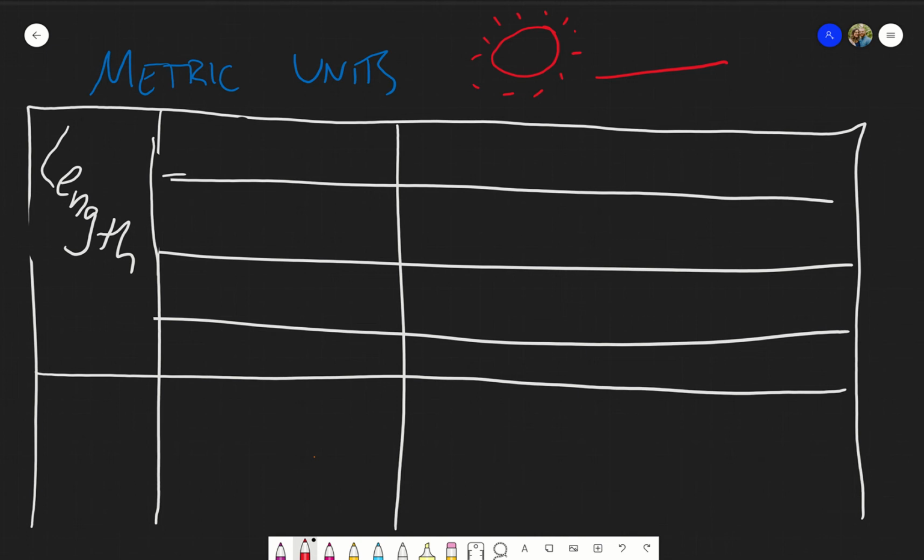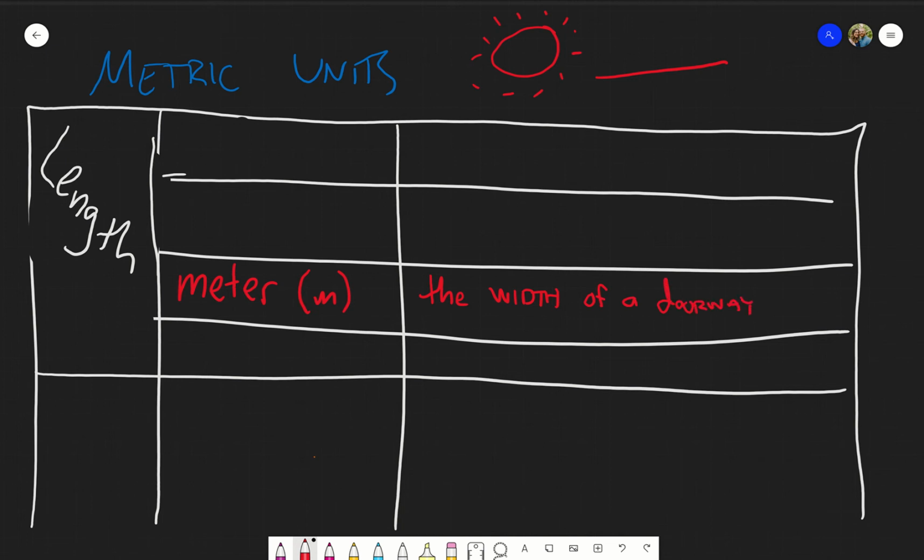But we have our main unit of measure for length is called a meter. A meter is our main unit of measure, and a meter is about the width of a doorway.